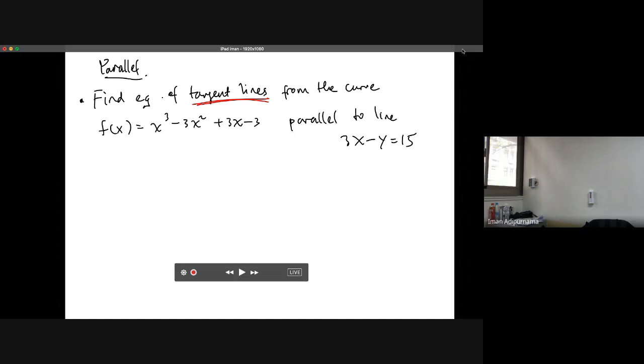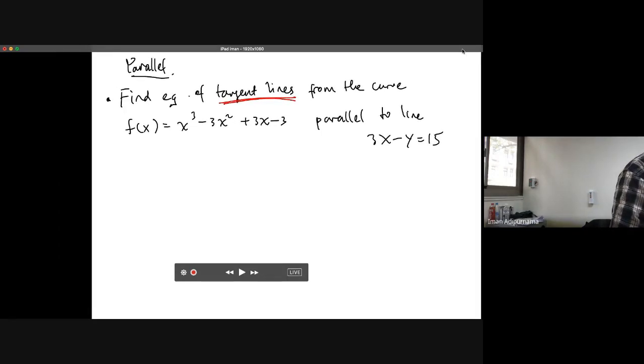f(x) equals x cubed minus 3x squared plus 3x minus 3, which is parallel to the line 3x minus y equal 15. From previously, we know that to find the tangent line, we need to differentiate the curve to find the first derivative.